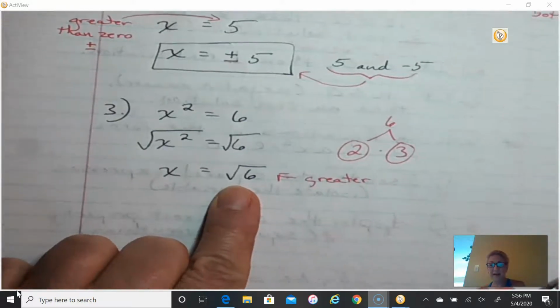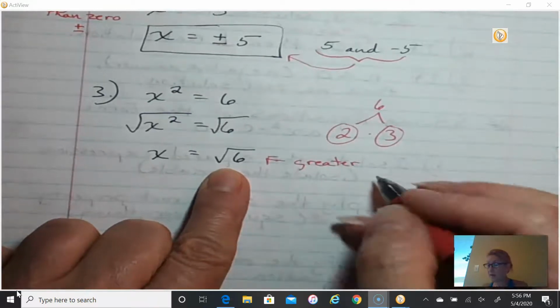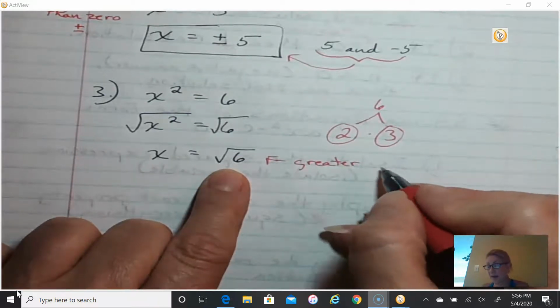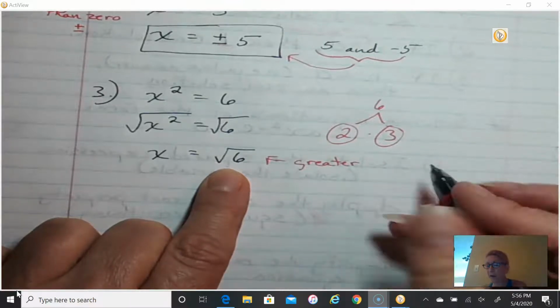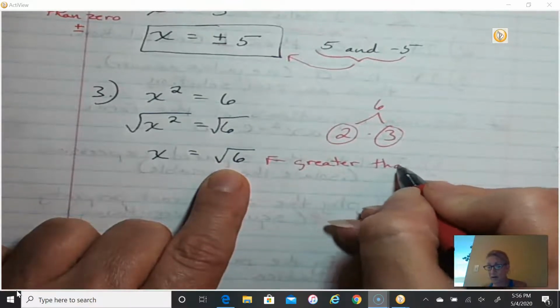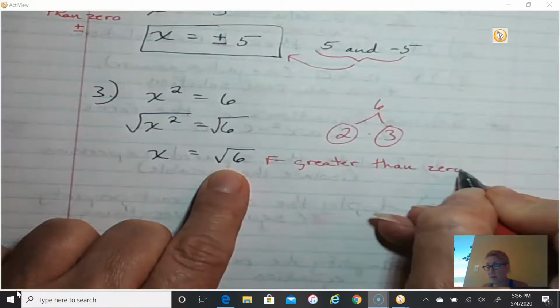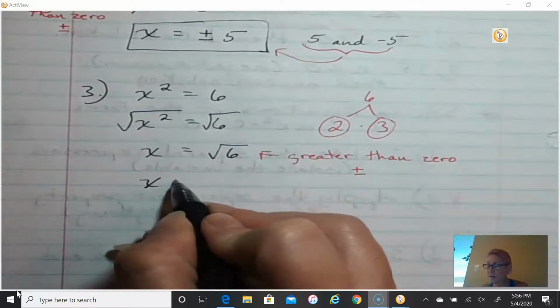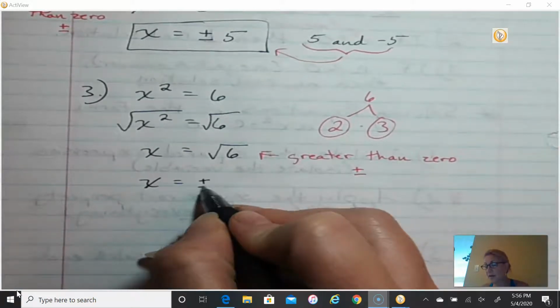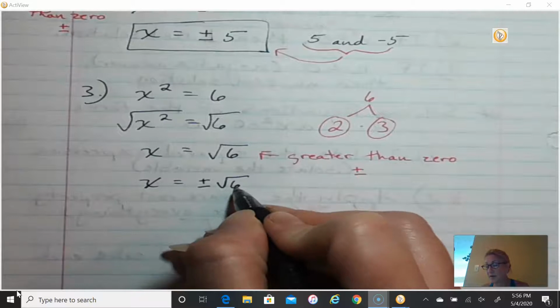No. Is that equal to 0? No. That's square root of 6. And in fact, if you did it on a calculator, it will come up with some weird decimal answer, but it's still greater than 0. Therefore, it's going to be plus and minus. So your answer is x equals plus minus the square root of 6.